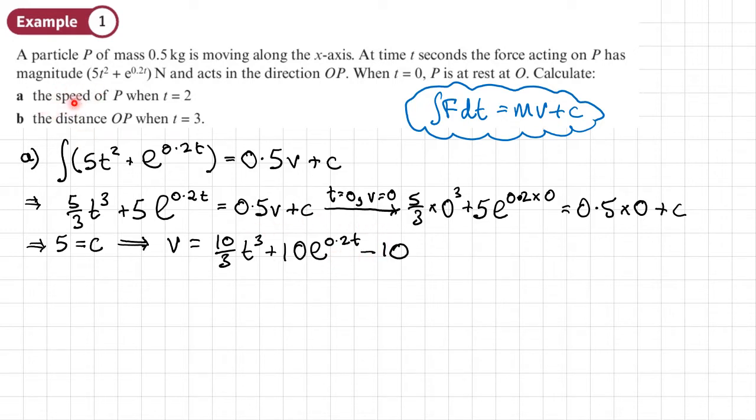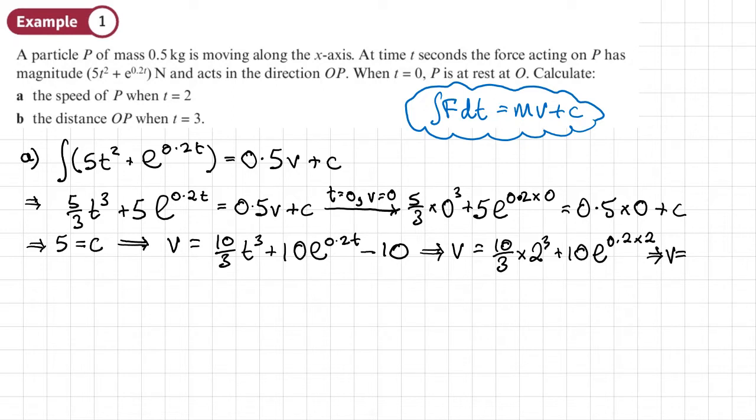So now all I need to do is to substitute t equals 2 into this to find v. So let's do that. v is going to be equal to 10 over 3 times 2 cubed plus 10 times e to the power 0.2 times 2. We'll use our calculator to see what that gives us for v.